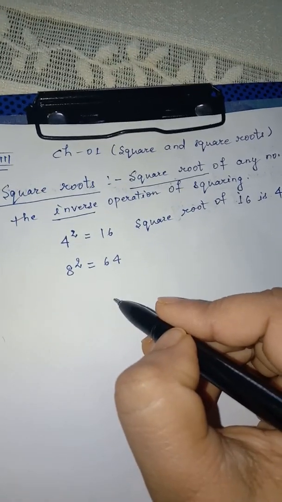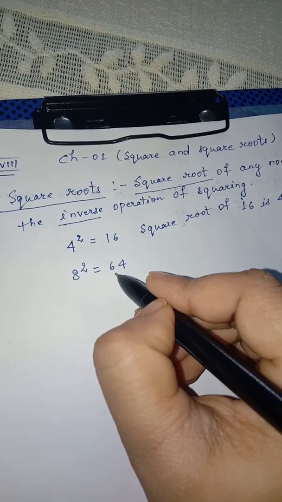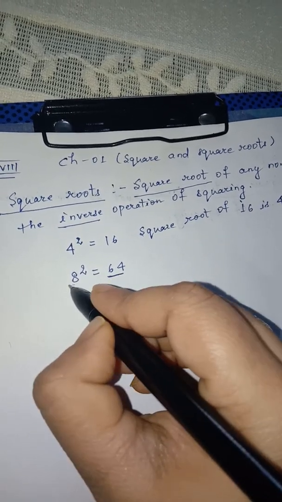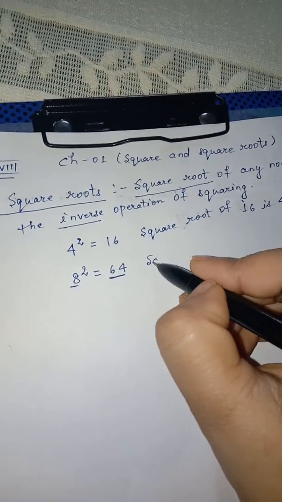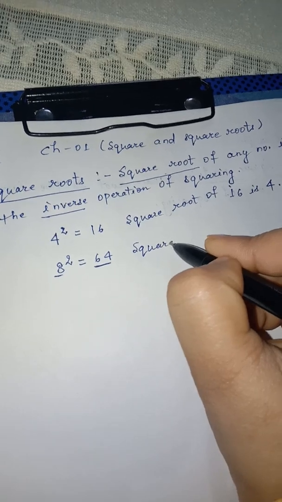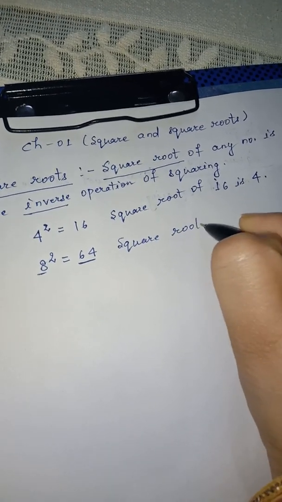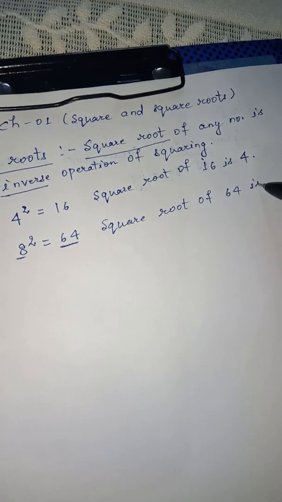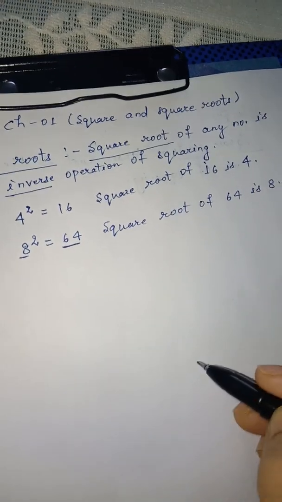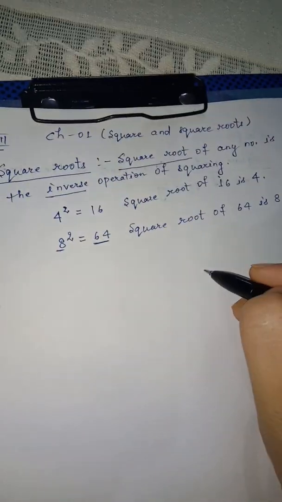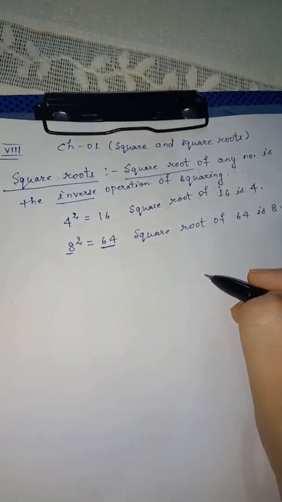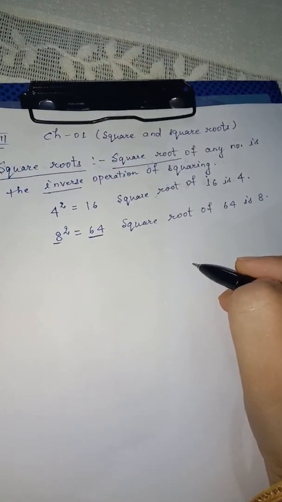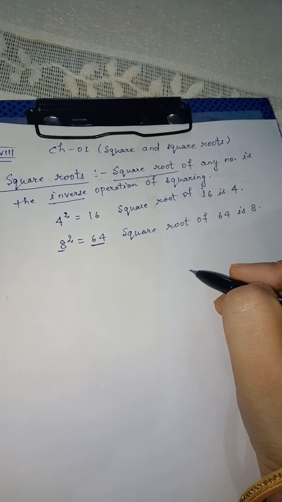So a square root of 64 is 8. I think it is a very clear concept how to get a square root of any number.